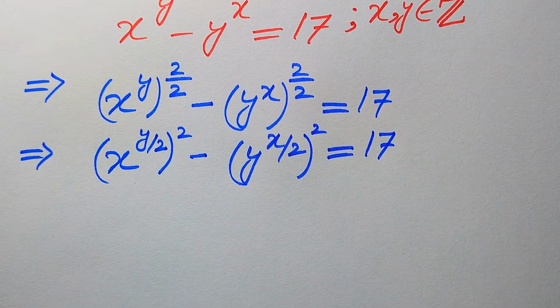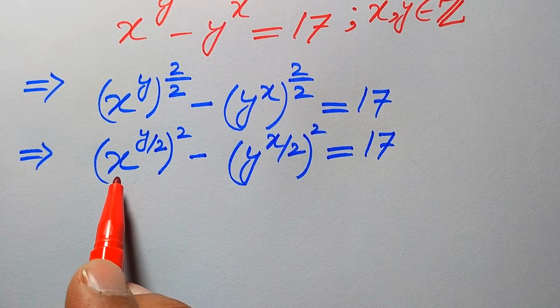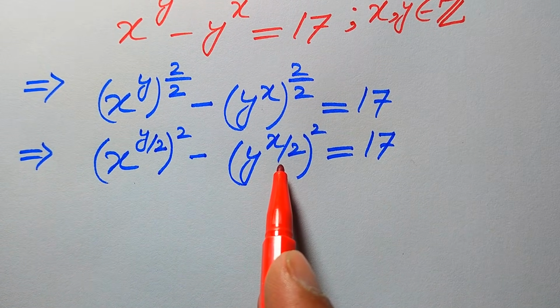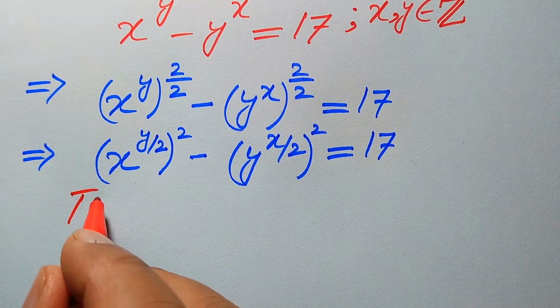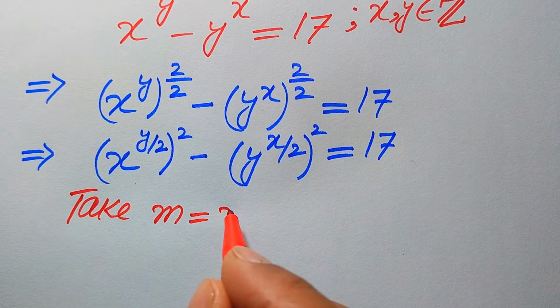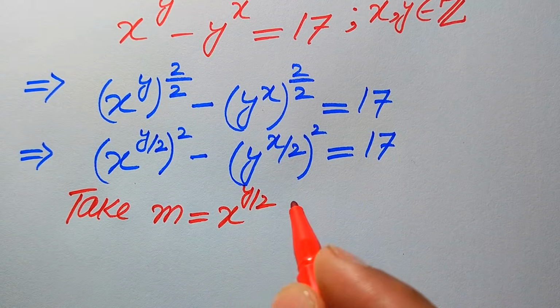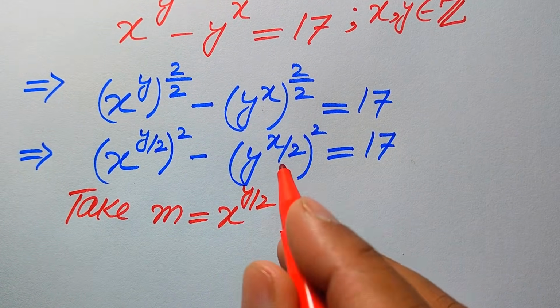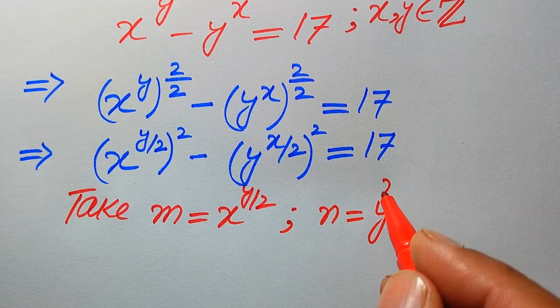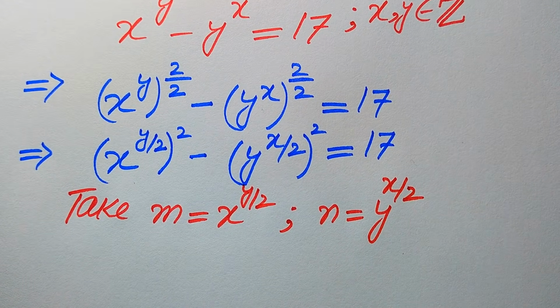So further in the next step you see that the base of this term is x to the power of y over 2, and the base of this term is y to the power of x over 2. So here we will substitute m equals x to the power of y over 2, and n equals y to the power of x over 2.